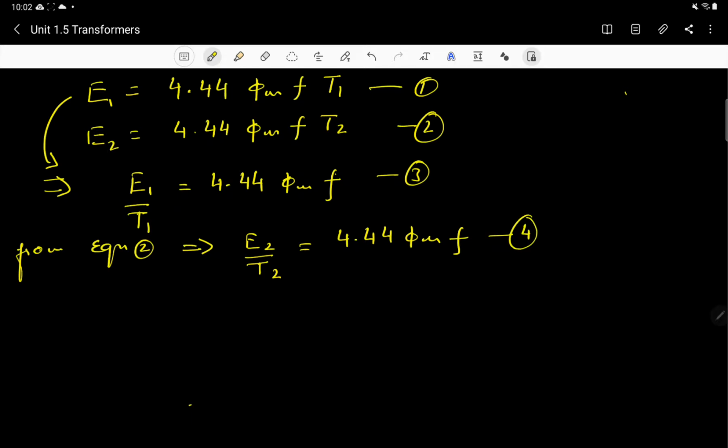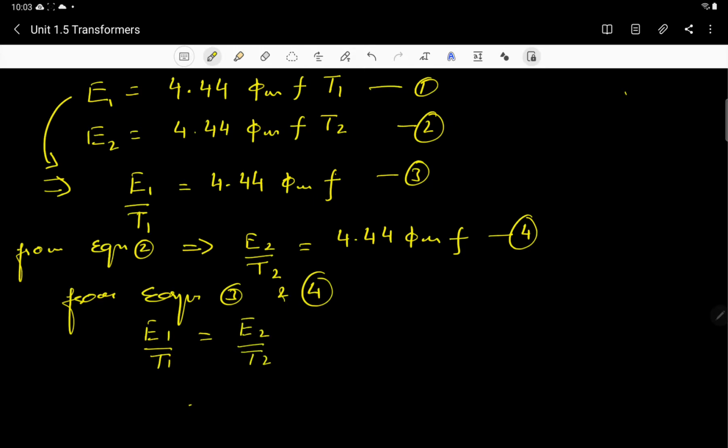Alright, so from equation number 3 and 4, since the right hand side of both the above equations is the same, we get E1 upon T1 equals E2 by T2.